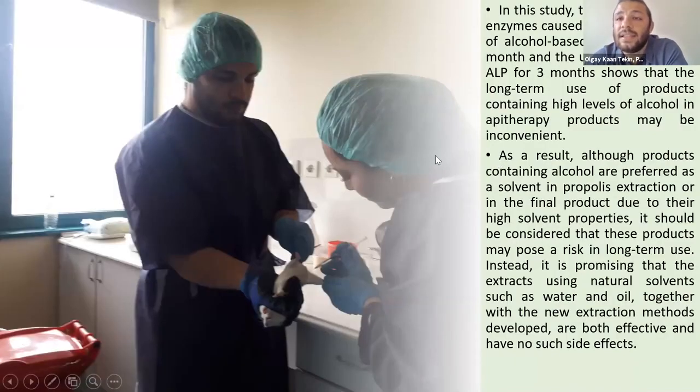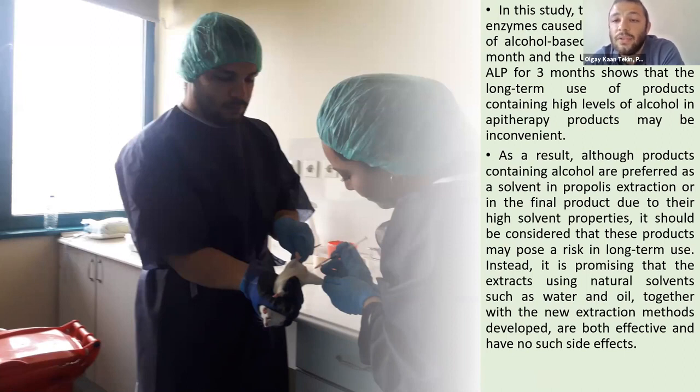In the study, the increase in ALP enzymes caused by the regular use of alcohol-based propolis for 1 month, and the increase in ALT, AST, and ALP with use for 3 months, show that the long-term use of products containing high levels of alcohol in apitherapy products may be inconvenient.